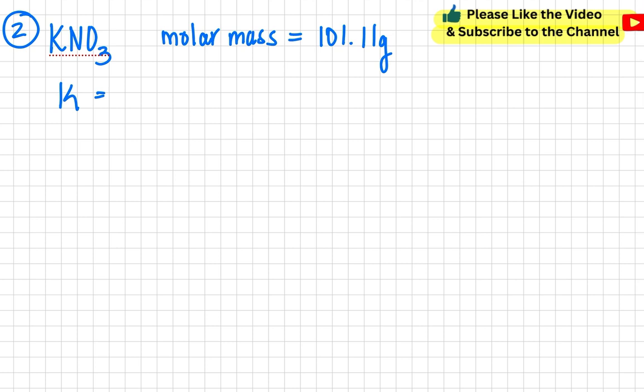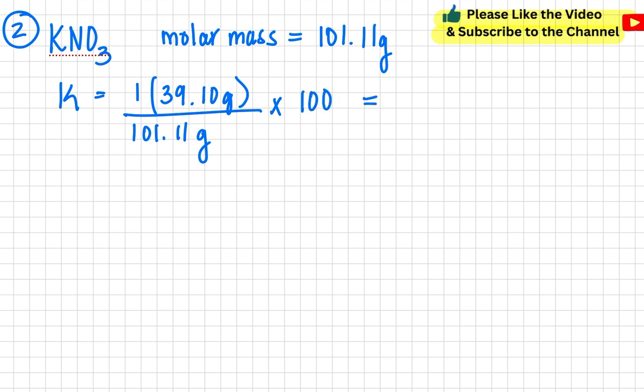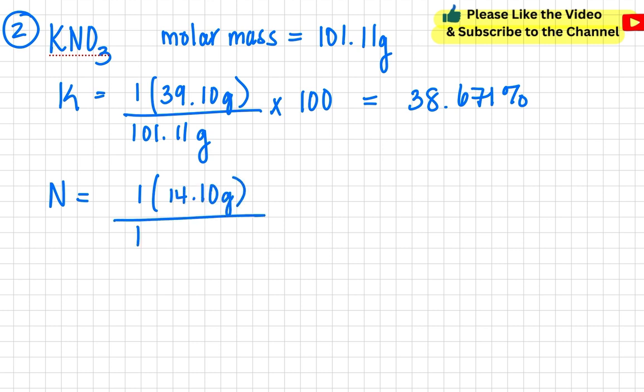So for potassium, I have 1, since there's only one atom of potassium in the whole molecule, times its molar mass of 39.10 grams, all over 101.11 grams, times 100, and that is equal to 38.671%.